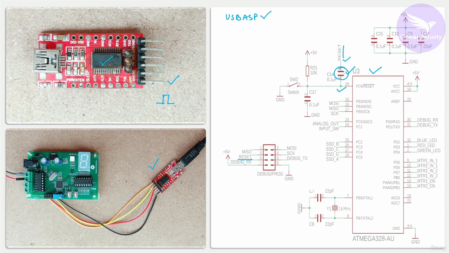So this is a very important component in order to reset this particular controller, because whenever we program the code in the microcontroller, the first thing that we have to do is to reset the controller, and once the controller is reset, later this IC is going to communicate with this microcontroller, and by communicating with this microcontroller, it's going to program the flash memory, or the memory section of this controller, where the code will be stored.